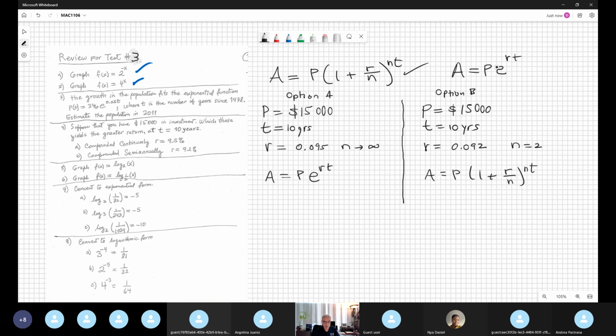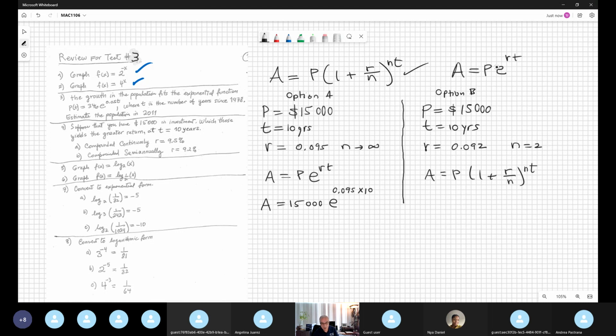So this is very similar to problem number 3, that was exponential. So the future value is equal to 15,000 e to the 0.095 multiplied by 10. Okay, let's do it. 15,000, multiplication sign.